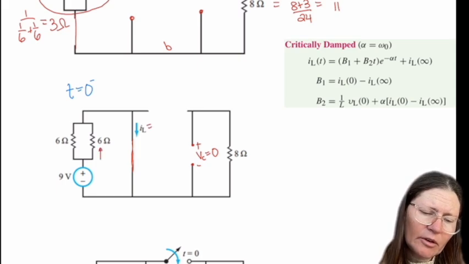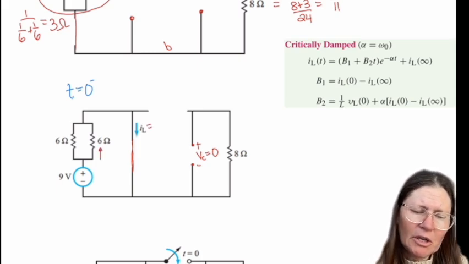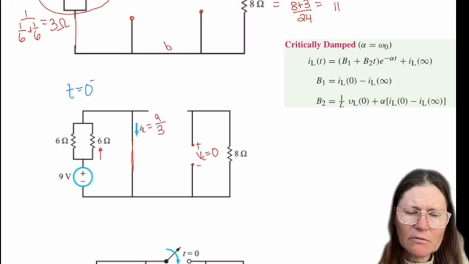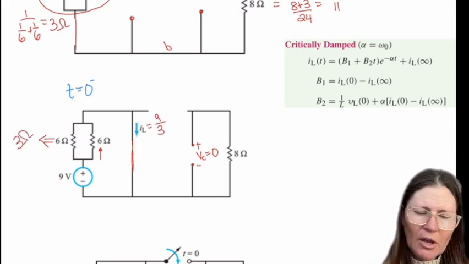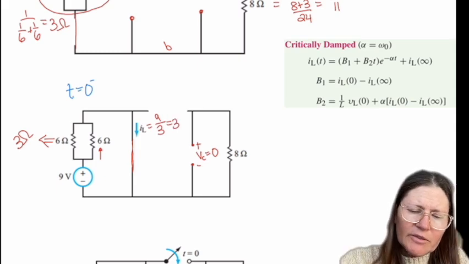So the current's going to go this way too. So it's going to be 9 divided by 3. Remember, this was 6 in parallel with 6, so it's a 3 ohm equivalent. So we get 3 amps.